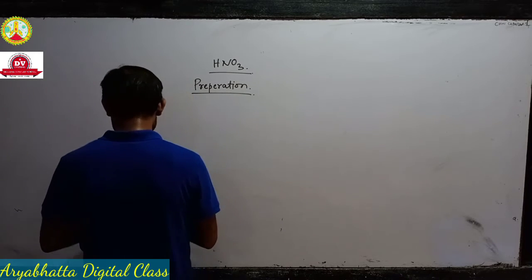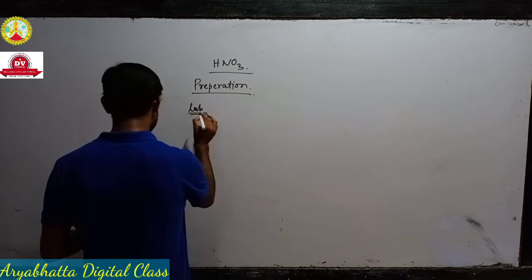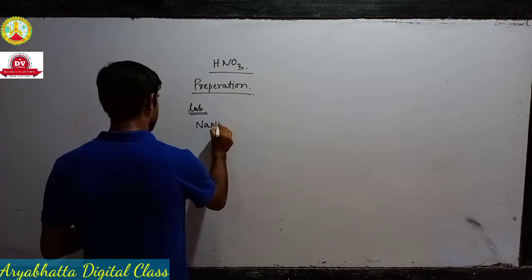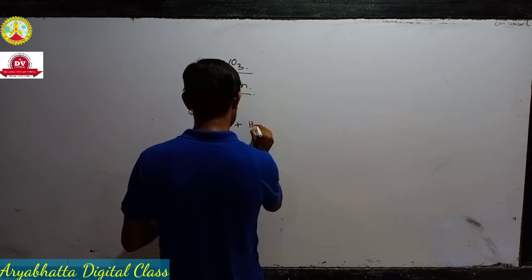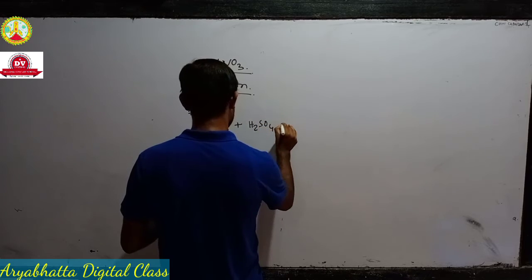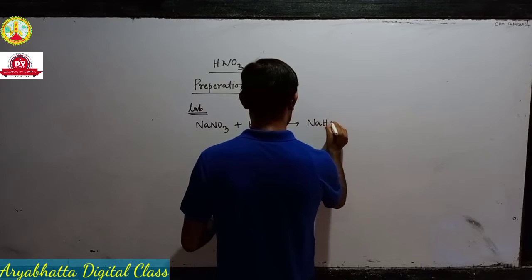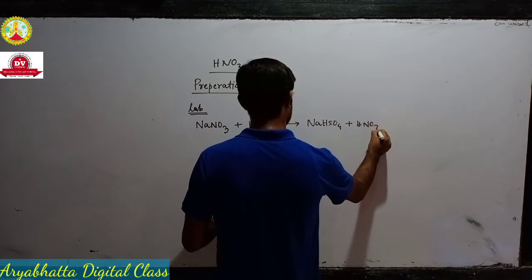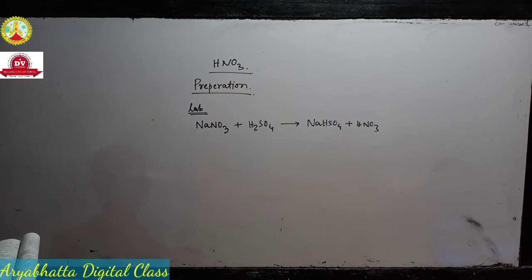The laboratory method is that sodium nitrate or potassium nitrate is treated with sulfuric acid, and it gives sodium bisulfate plus nitric acid. So this is the laboratory method to prepare nitric acid.